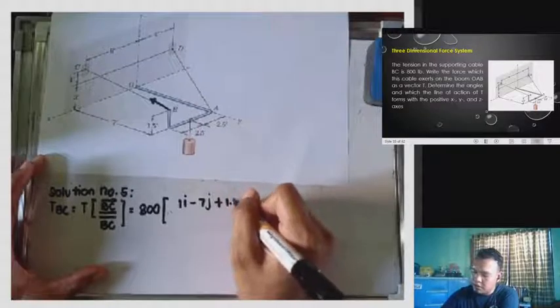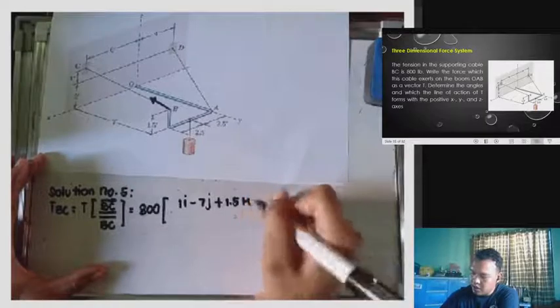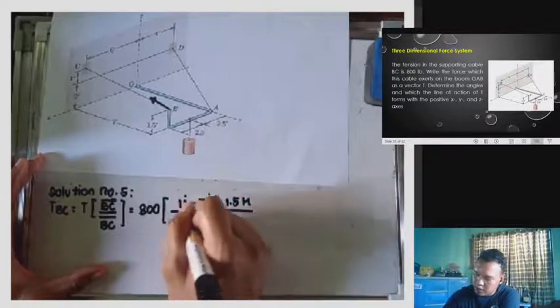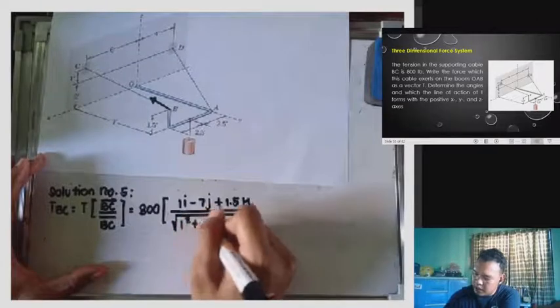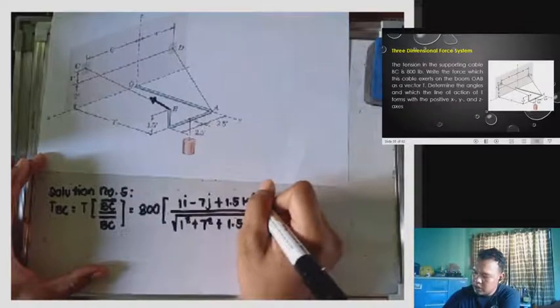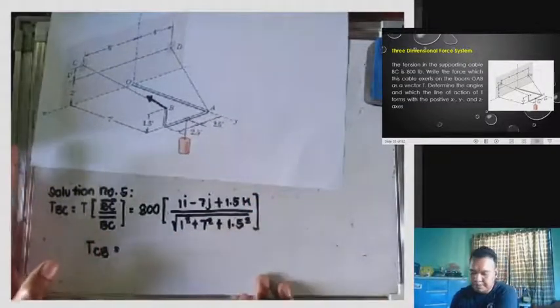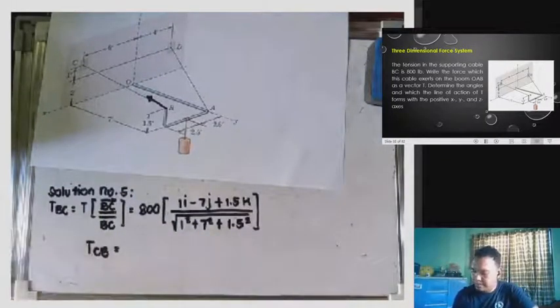So, meron tayong 1.5 k all over the square root ni 1 squared plus 7 squared plus 1.5 squared. Therefore, we have here TCB is equivalent kay 800 times 1 all over the square root ni 1 squared plus 7 squared plus 1.5 squared.